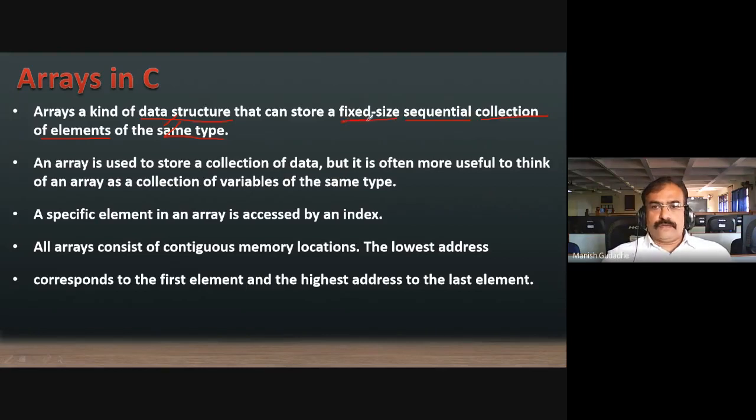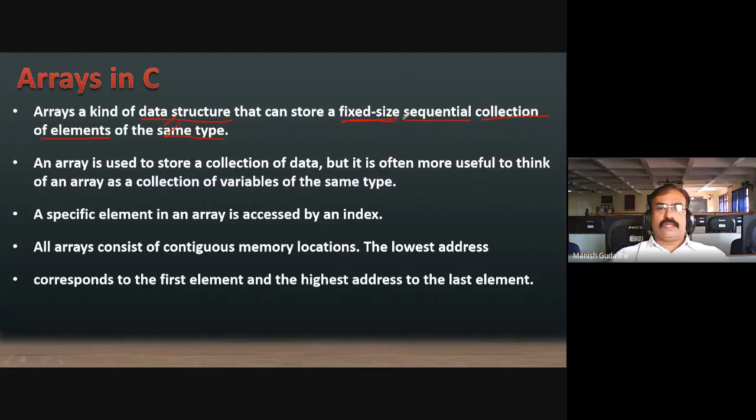This word fixed size means if I am going to have all integers, then all the integers will be of size 2. I cannot have a long integer and an integer mixed together. What is the role of this fixed size, you will come to know when we talk about the indexing part of array.